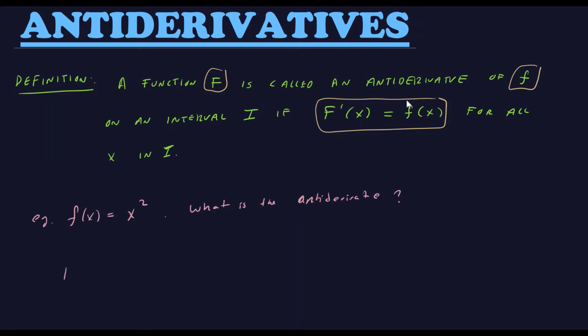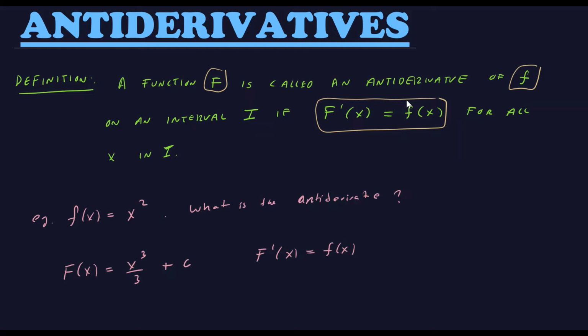Whatever this function is, when I take its derivative, I get back this little f of x. So I'm going to guess the function to be x cubed over 3 plus a constant. Every time you have an antiderivative, you always want to tag along this constant because it's the general antiderivative. It can always be modified with an initial condition.